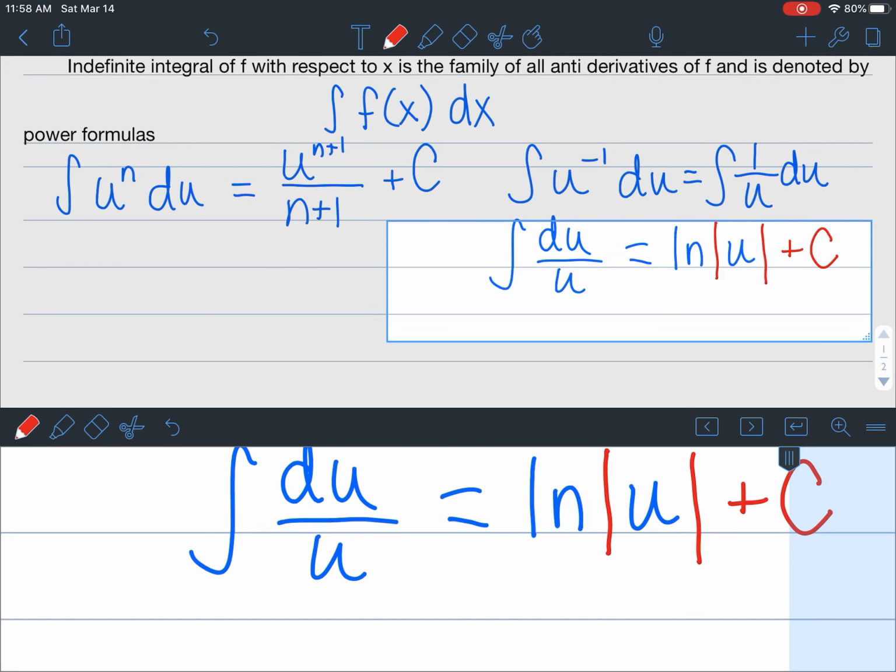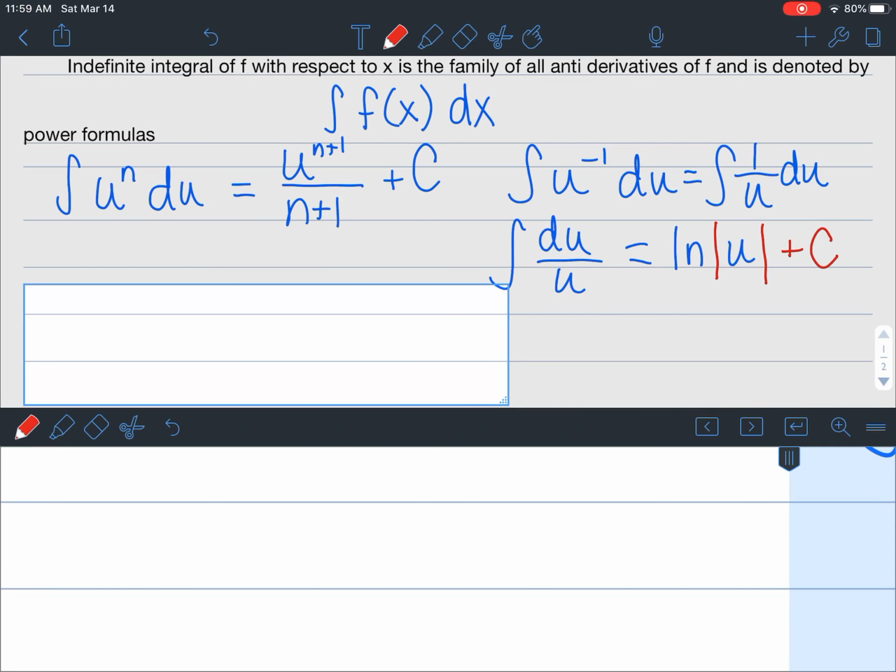The reason you need them is because, if you recall, the domain of ln x does not include any negative numbers or 0. So by evaluating the integral of 1 over u, you have to tell the person who's going to put in numbers later that they're not allowed to put in negative numbers. They will have to make them positive. And that's what the absolute value bars will tell people.